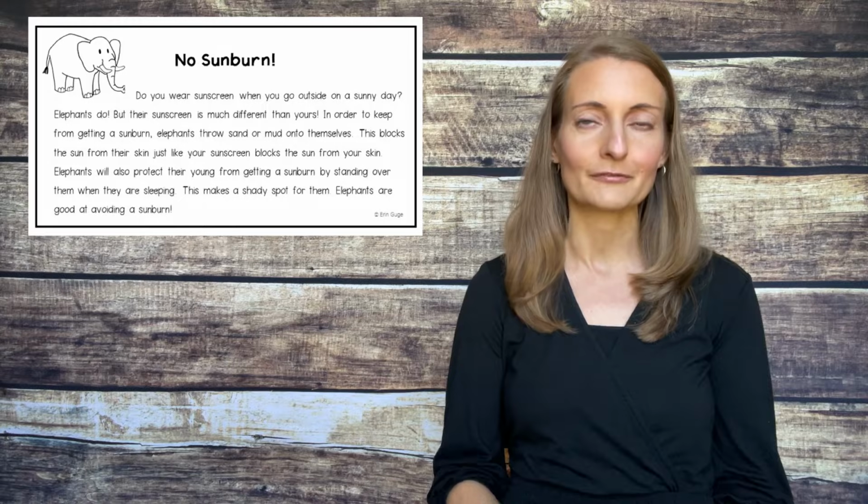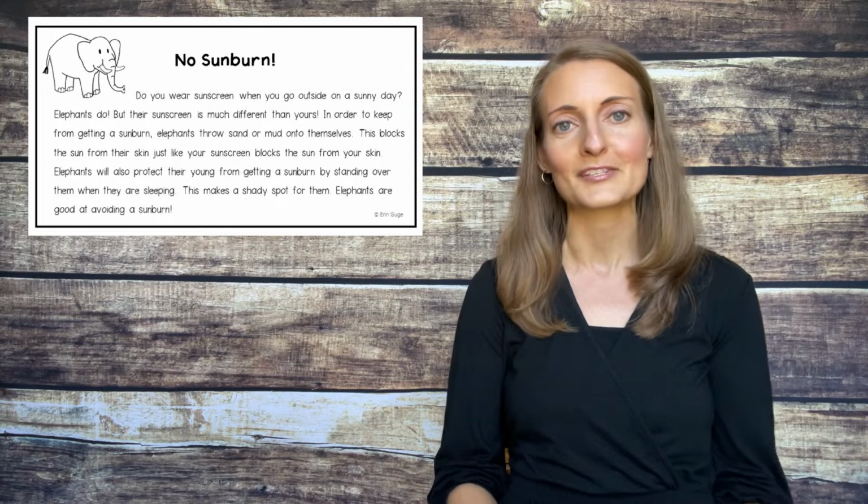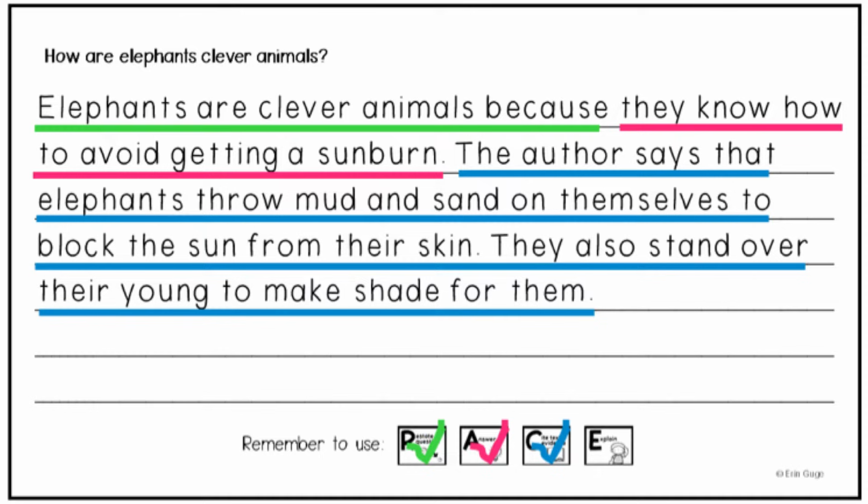Okay, now let's take a look at another piece of text that we've already seen called No Sunburn. Remember about the elephants and how they avoid sunburn? I'm not going to reread the story, but let's review the question and answer that we saw last time. How are elephants clever animals? Elephants are clever animals because they know how to avoid getting a sunburn.